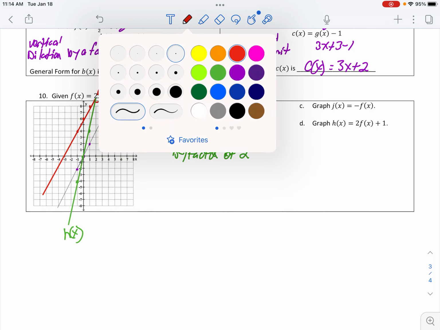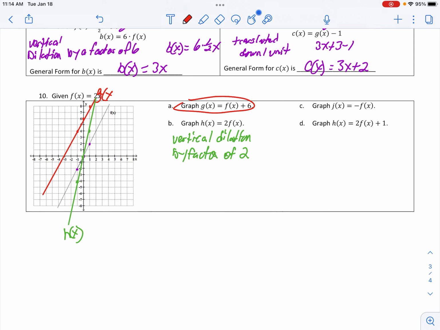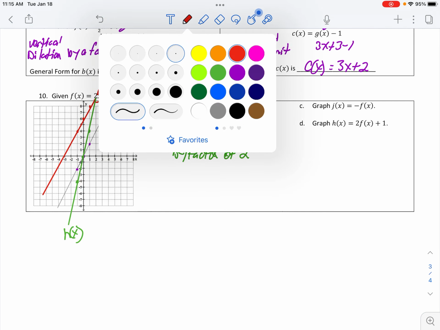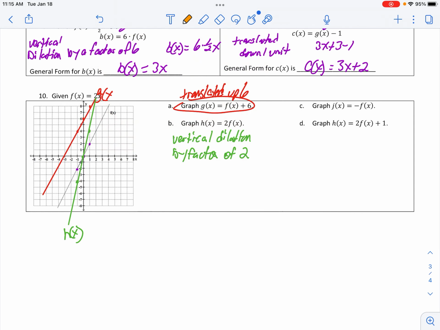Okay. And I'm going to go back and say that this one was translated up 6. We get a different color, we go orange. Letter C means it was reflected over the x-axis. So it's increasing at the moment, and then it's about to be decreasing.